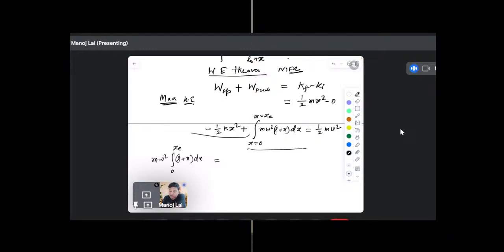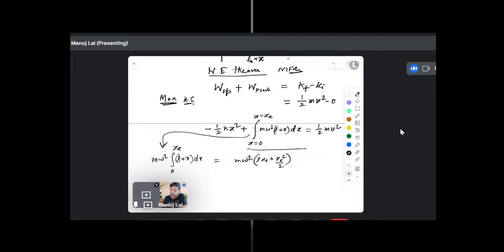So only this part I am doing first, and this will be m omega square (L x e plus x e square by 2). For dx it will be x, L is a constant, and for x it will be x square by 2. So putting the limit, it will be x e square by 2.